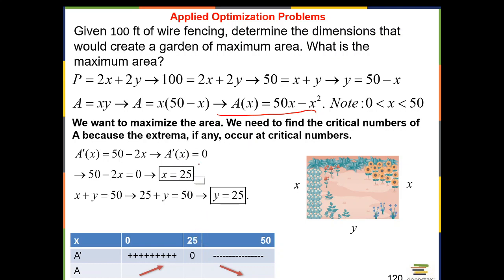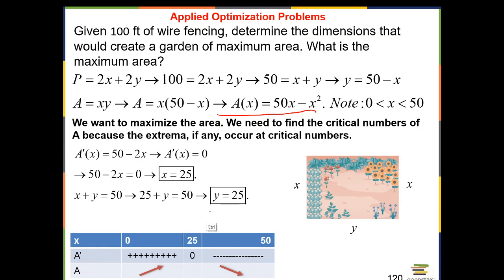Now that's all we need, really. We're not graphing A of x. We just want to find out between 0 and 50, what is the number that maximizes this function, right? So we take A prime, and we know A prime is 0 at this point, so we put A prime here, and we put A here, just like we did before. So now for A prime, we do a sign analysis.